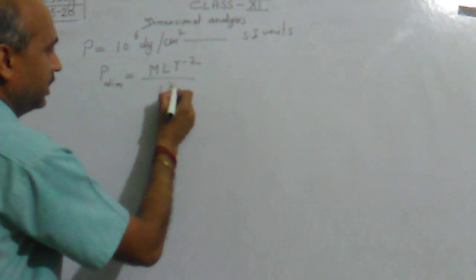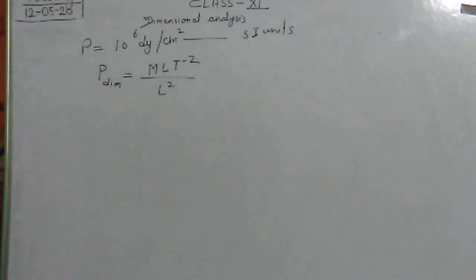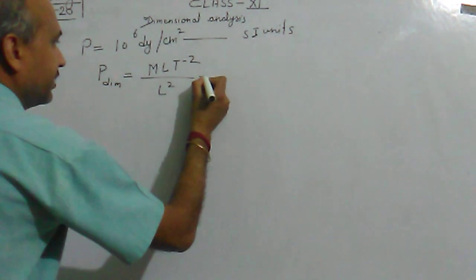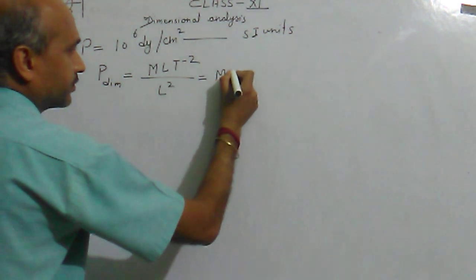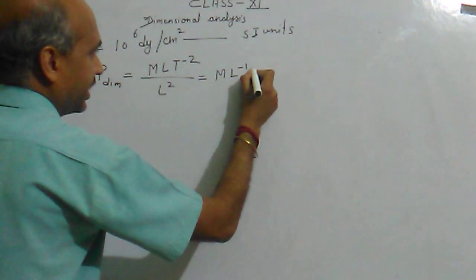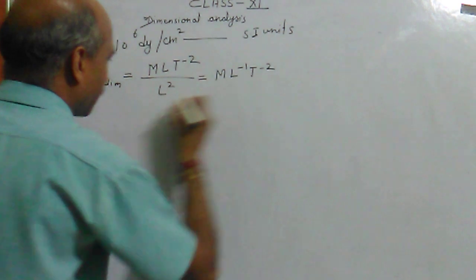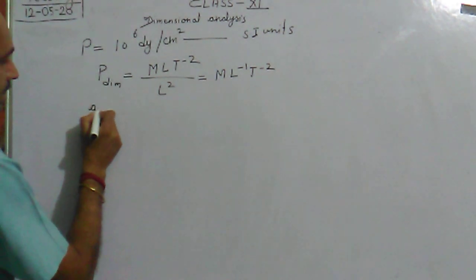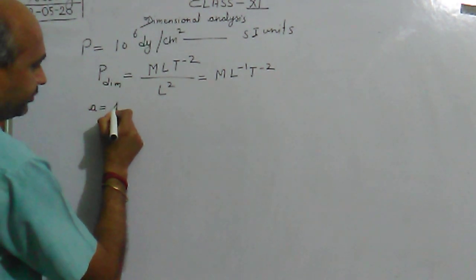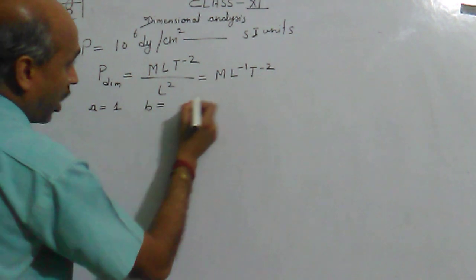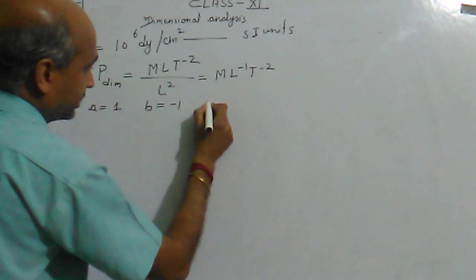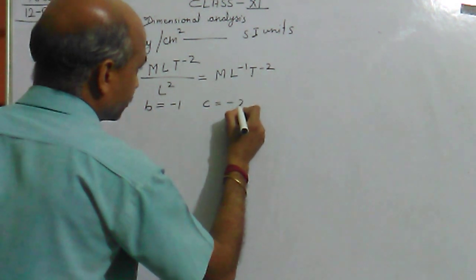It is L^2 only. So on solving this we are getting M L^-1 T^-2. So from here it is clear that a equals 1, b equals how much? -1 and c equals -2.